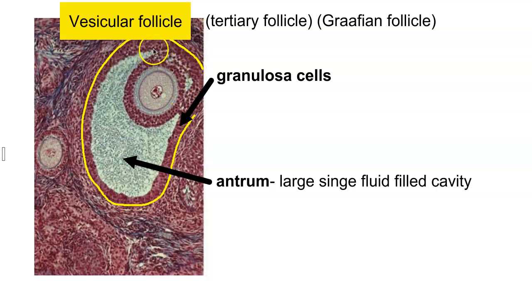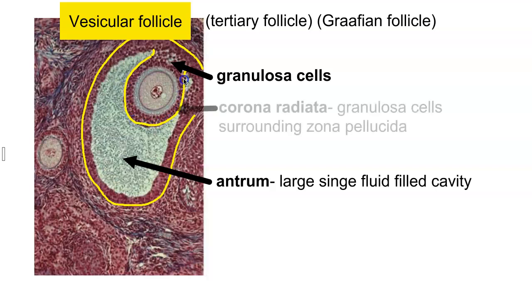We can see that there are granulosa cells that are separating the oocyte up on a stalk, and granulosa cells surround the oocyte. Those granulosa cells are known as the corona radiata, and they're surrounding the zona pellucida. And of course, the cell is still a primary oocyte until just before ovulation.